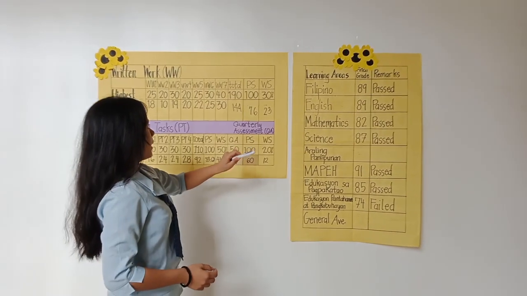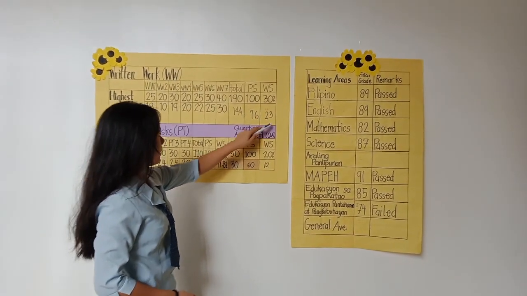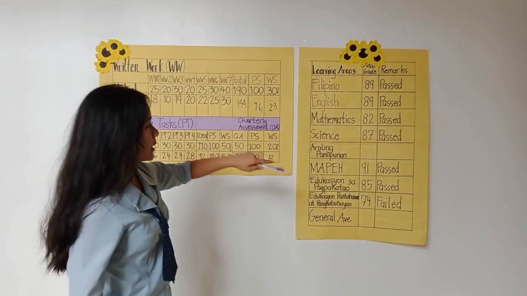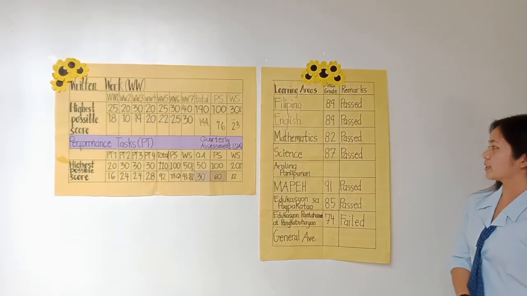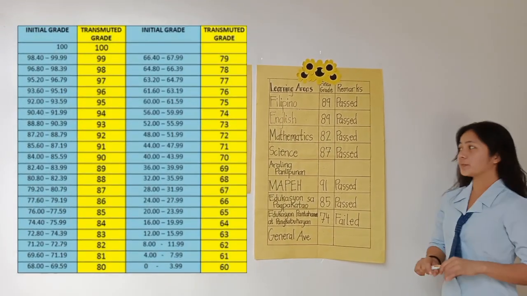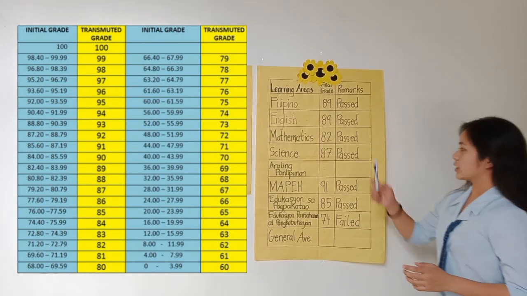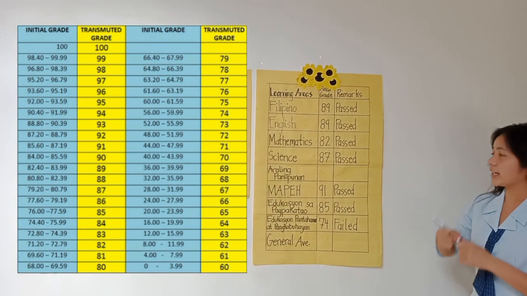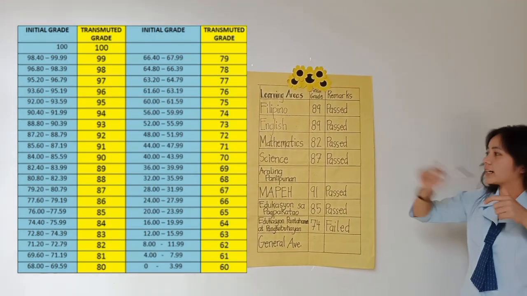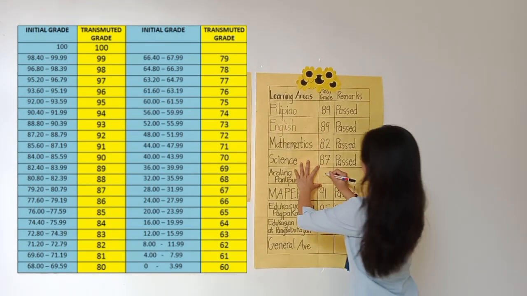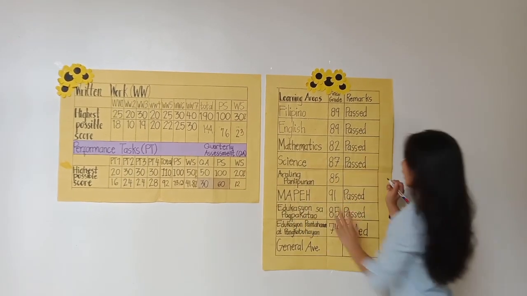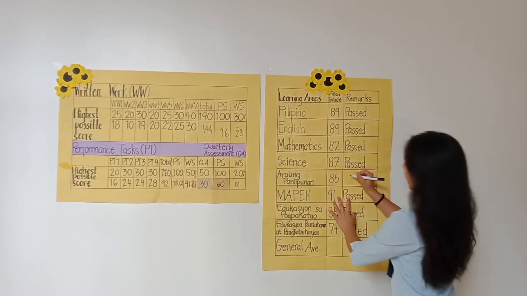So 23 plus 12 plus 41.82 is 77. So using the transmutation table, the initial grade 77 is transmuted to 85. So the final grade for Araling Panlipunan is 85. And the remark is pass.